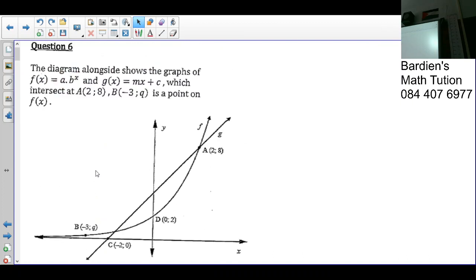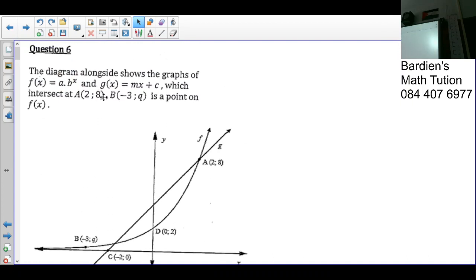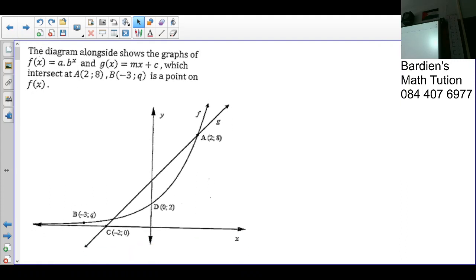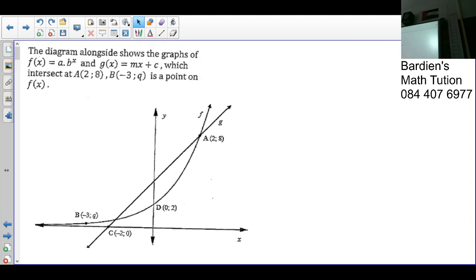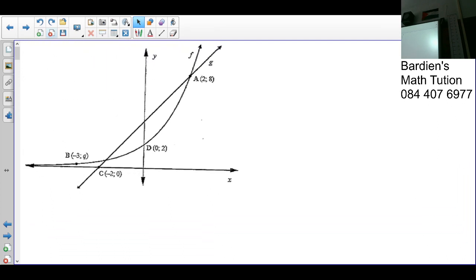Then we're on to question 6. In question 6, you are told the diagram alongside shows the graphs of f of x equal to a times b to the x and g of x equal to mx plus c, which intersect at 2 and 8, and b, which is negative 3, and q is a point on f of x. Right.